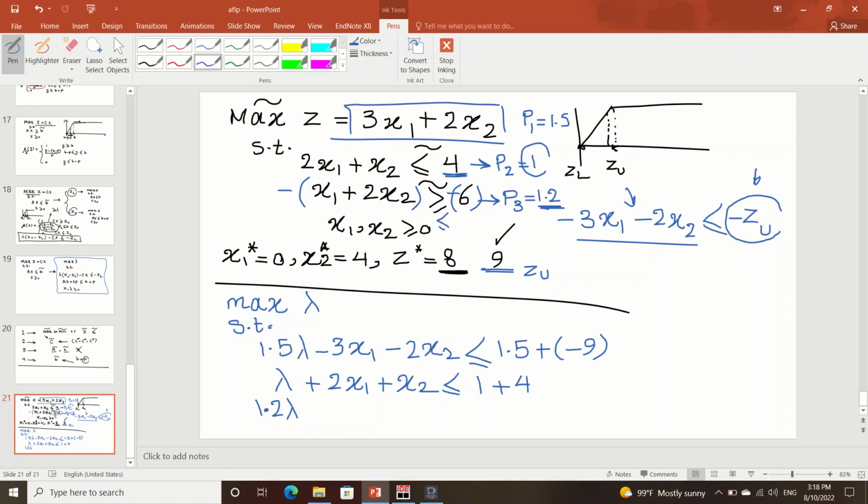Okay, minus x1 minus 2x2 is less than this value, 1.2 minus 6. And in continuing of this model, you must write the sign of x1, x2, and lambda are non-negative variables. Okay.